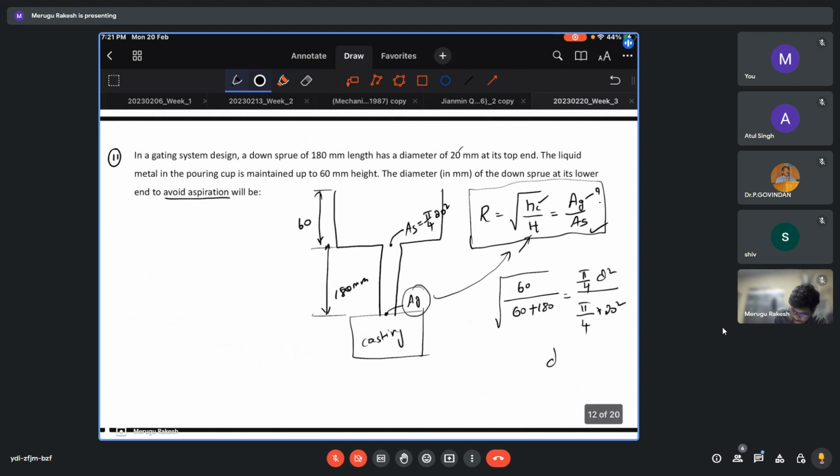If you do this, you will get D. This is not the casting height, this is the pour height. What is the pouring cup height?